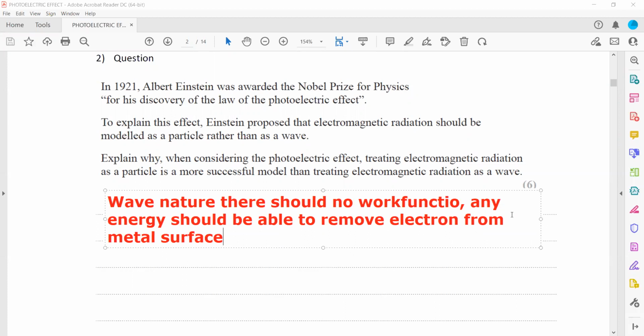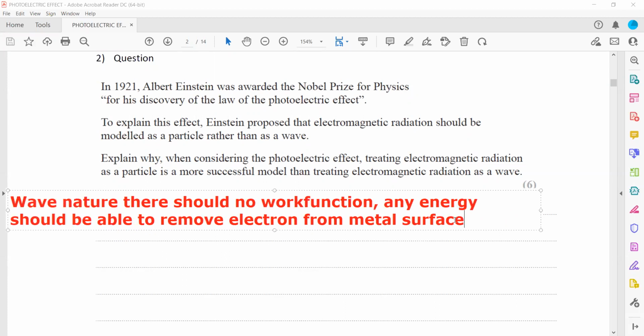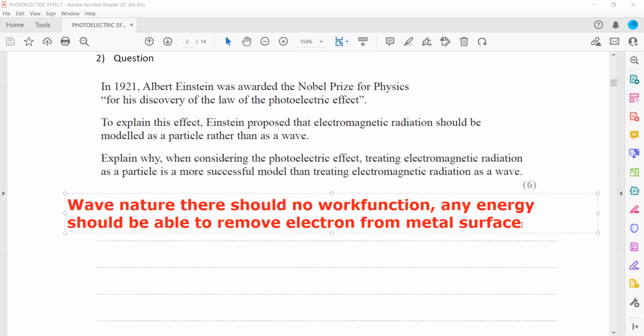So according to wave nature, there is no work function. But what happened? Practically, there is a work function. Practically, there is a minimum energy needed to remove an electron.